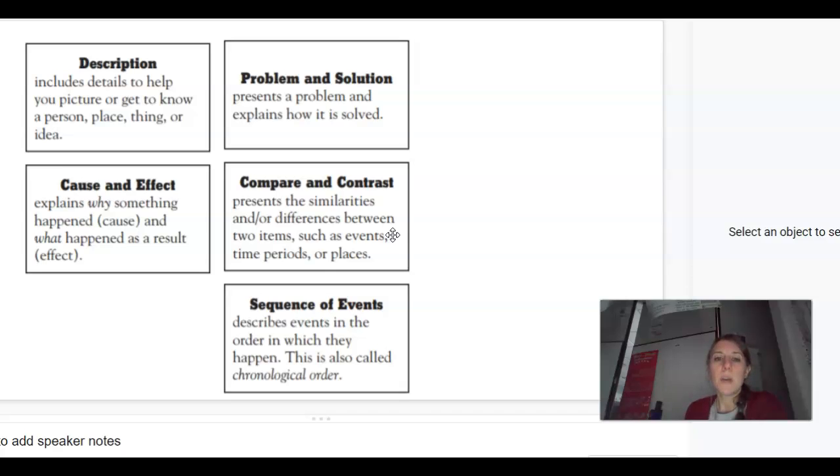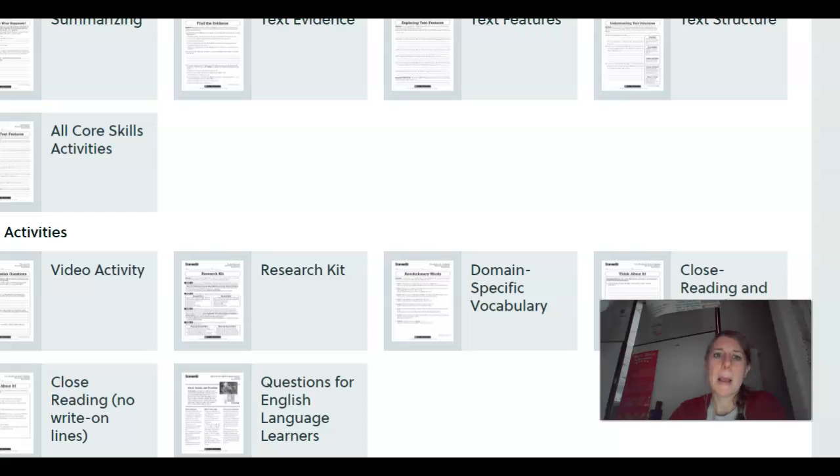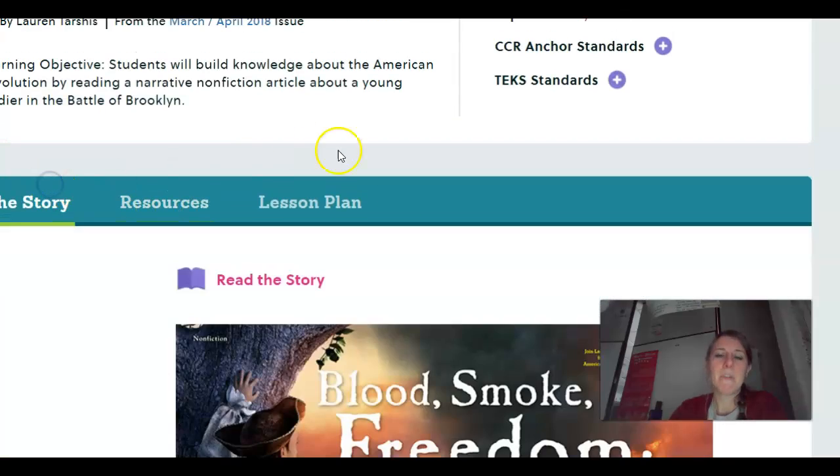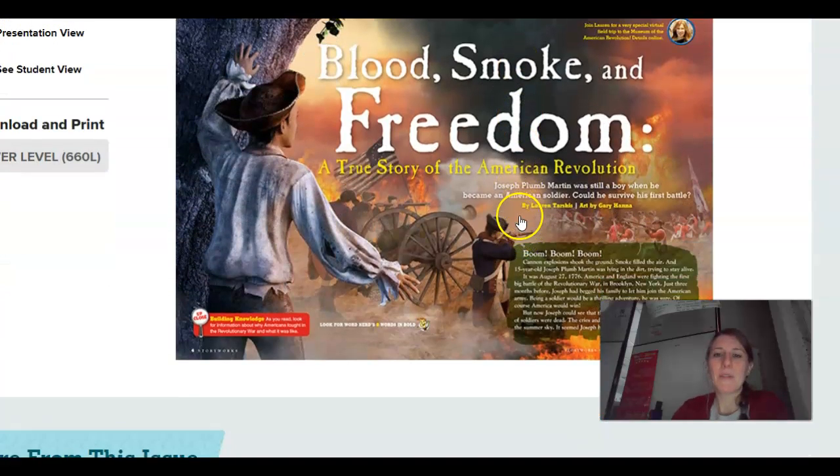Okay? So we do have 5 that you're focusing on today, and different sections within the story that we read yesterday, the Blood, Smoke, and Freedom story.